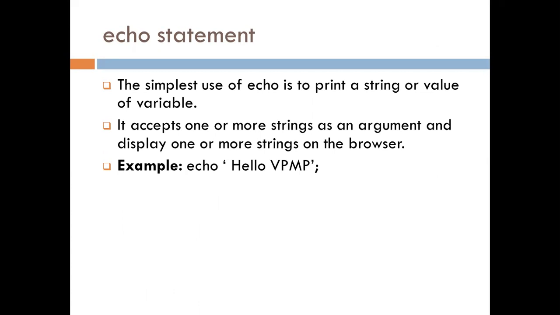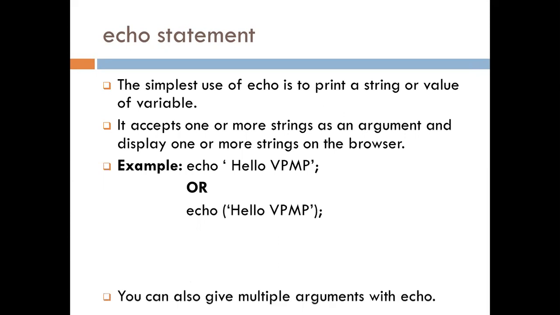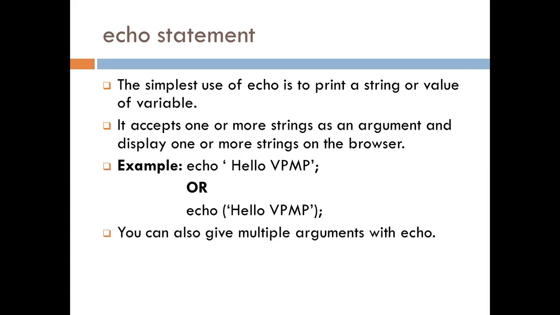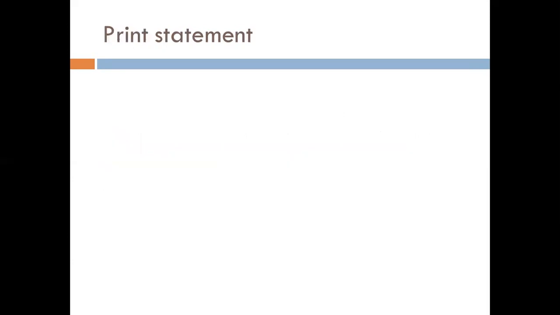Here I am going to display only a single string, or the same message we can display with parentheses also, hello BPMP. You can also give multiple arguments with the echo statement, like echo hello is my string number 1, and multiple strings are separated by a comma. So hello is the first string, comma, world is the second string.